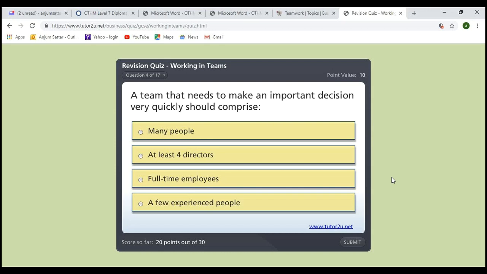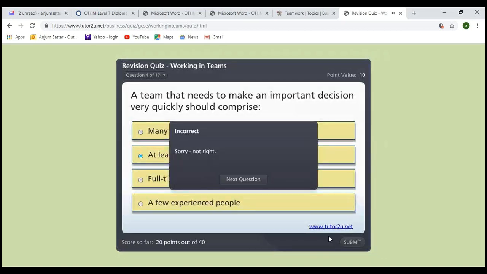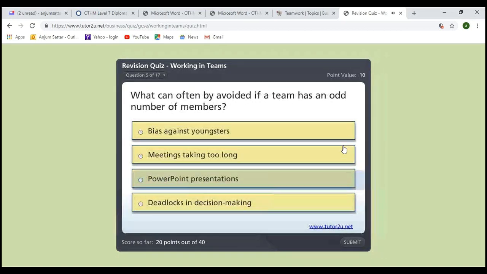Many people, at least 4, directors, full-time employees, or a few experienced people. Which one do you think is correct? B. At least 4. B. Yes. No, that's not it. A few experienced people.